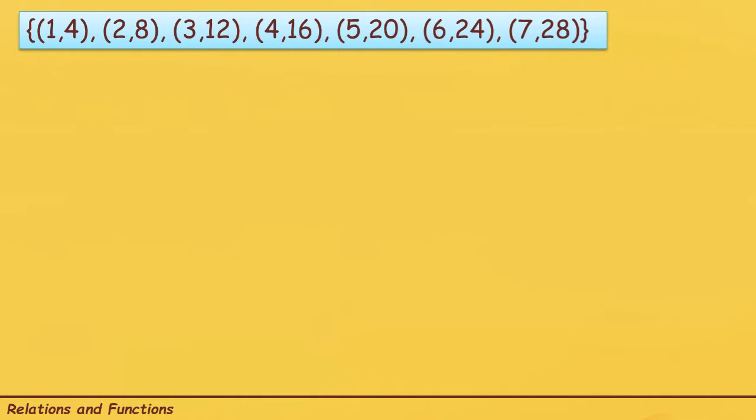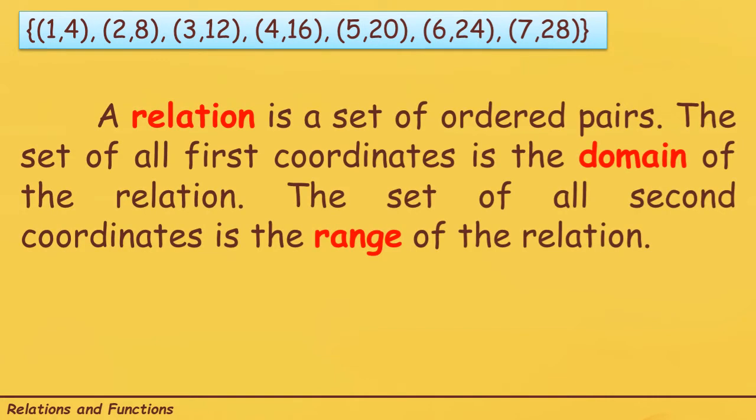Pero bago yon, alamin muna natin or balikan natin ano nga ba yung tinatawag natin na domain and range. A relation is a set of ordered pairs. So, relation yung nakikita natin na example dito. The set of all first coordinates is the domain of the relation. The set of all second coordinates is the range of the relation.